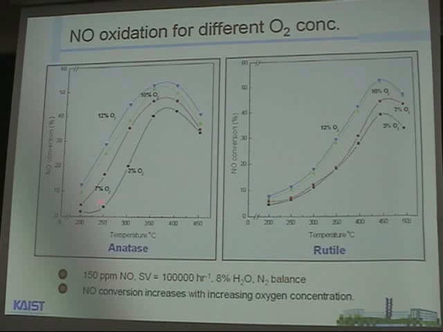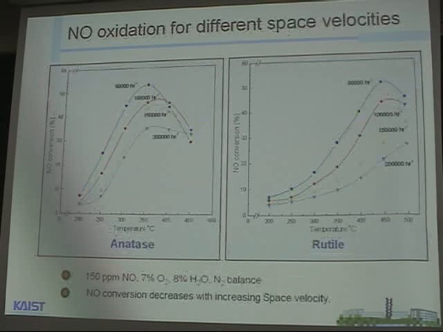So that's why in this case anatase gives good conversion and rutile gives a little bit lower. You see that 10% and 12% are almost nearly the same. But initially 3% is very low, 10% very high. So that is the effect of oxygen.